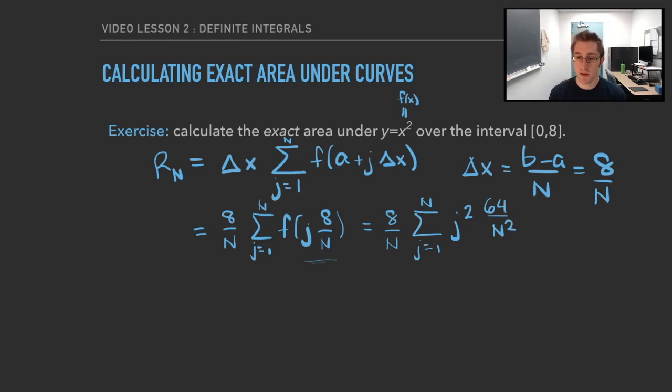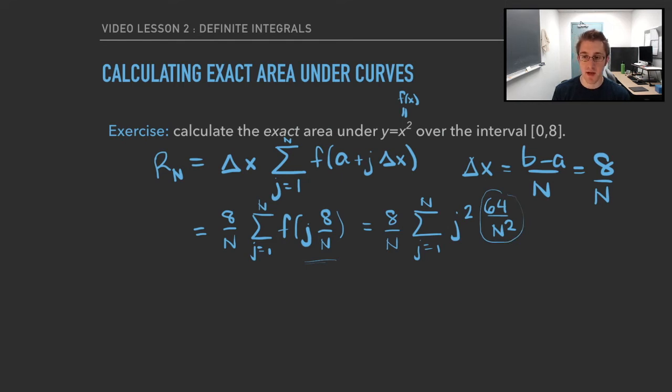Now we see why we want to review summation notation and summation calculating formulas before seeing this section, because we need to simplify this expression. The first thing we notice is that j is the indexing variable. This thing here is constant with respect to j.